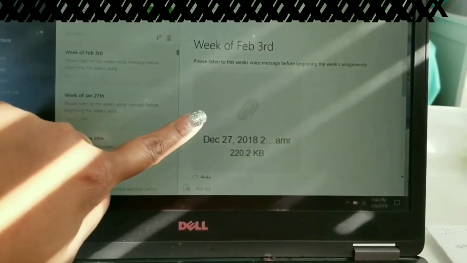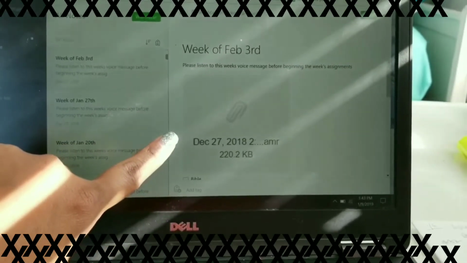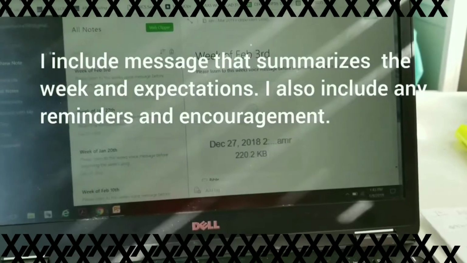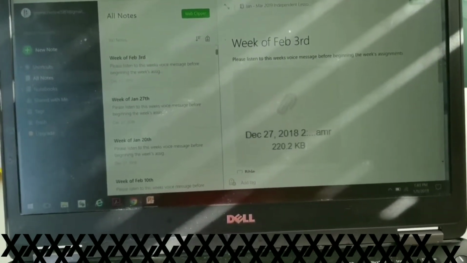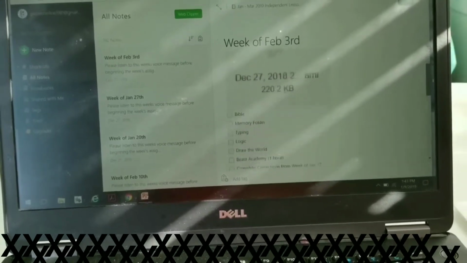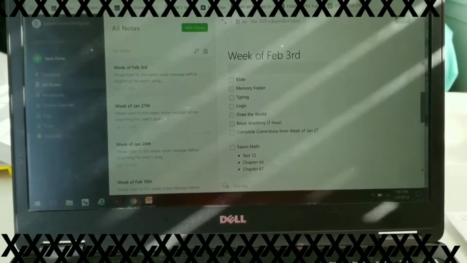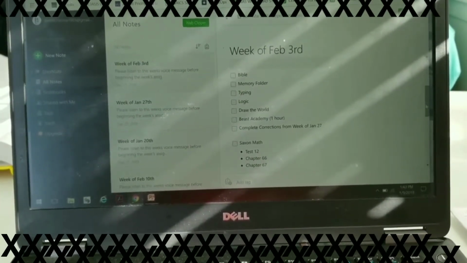And then as you can see, on December 27th, I did this week, and I put in a message, and then I identified all the assignments that he has to do for the week of February 3rd, as an example. So he has Bible, memory folder, typing logic, draw the world, Beast Academy 1 hour, complete corrections from January 27th.